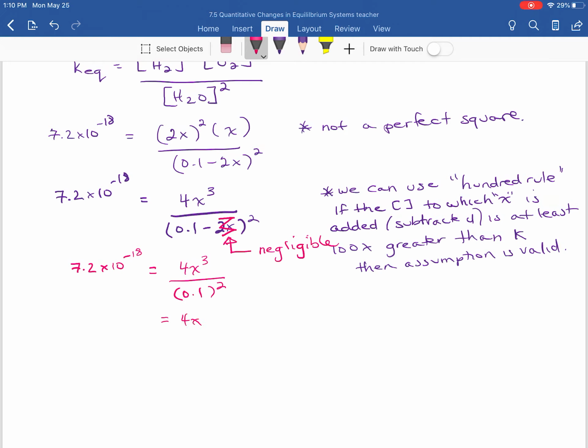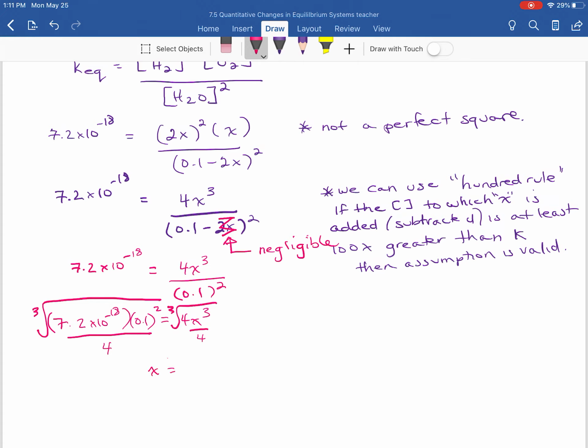But once we fill this out, we get 4x cubed equals 7.2 times 10 to the power negative 18, multiplied by 0.1 squared. When we do that, we take the cube root, divided by 4, cube root. I hope you know where that button is on your calculator. So you take the cube root first, and then you divide by 4.